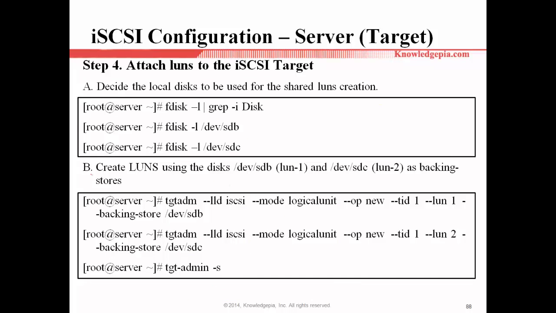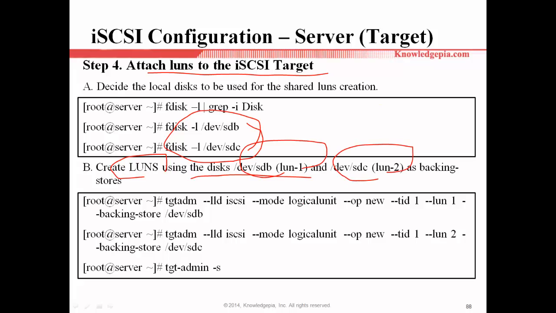Step 4, and after that, we need to attach the LUNs like this to the iSCSI target. So in my case, I already told you, in the server, I will supply these two hard disks, sdb and sdc. And after that, create the LUNs using these two hard disks. In my case, sdb will be LUN 1, sdc will be LUN 2.